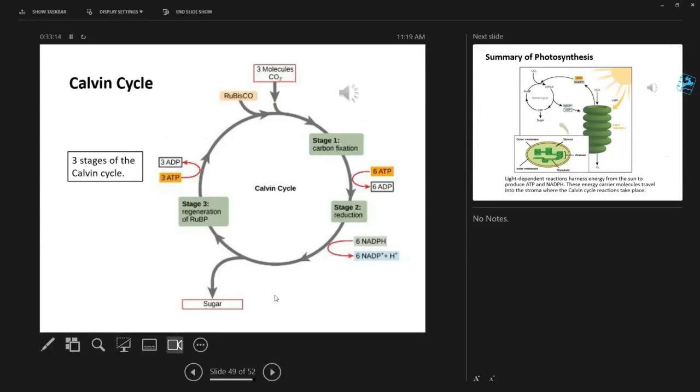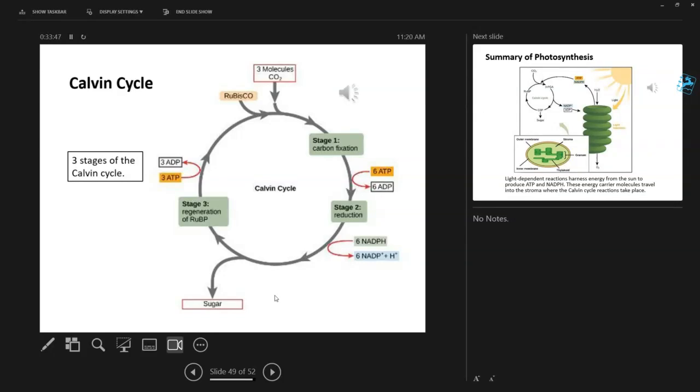So carbon dioxide from the air combines with the leftover molecules at the end of the last cycle of the Calvin cycle. They combine together and make a molecule. So now we say the carbon has been fixed. It's now being combined with something else to make a molecule that's now part of the Calvin cycle.